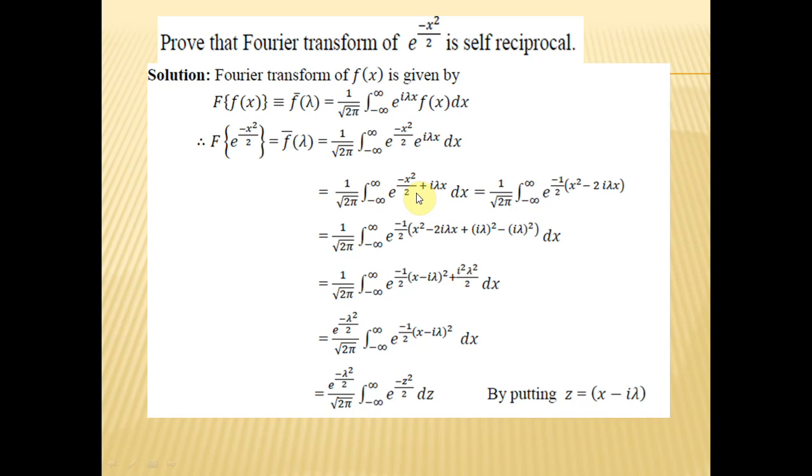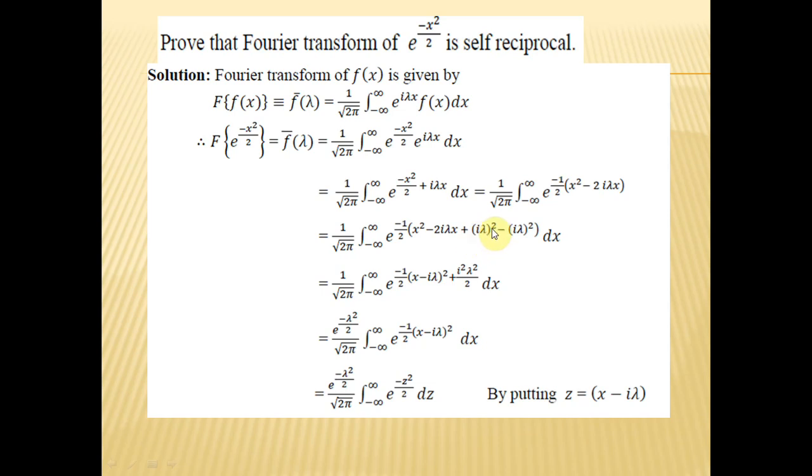So for that, first of all, I will take the LCM. So we could write minus 1 by 2 outside. So it is x square minus 2 i lambda x dx. Now, to make it a perfect square, I will add and subtract i lambda square.